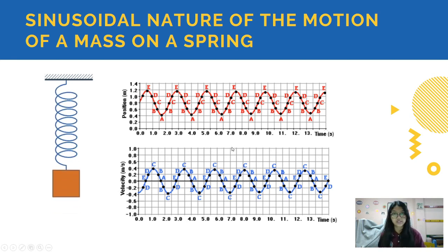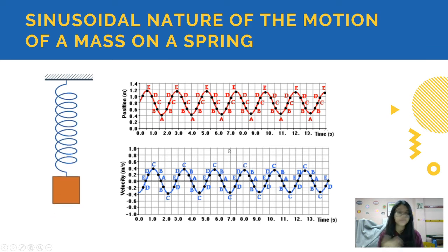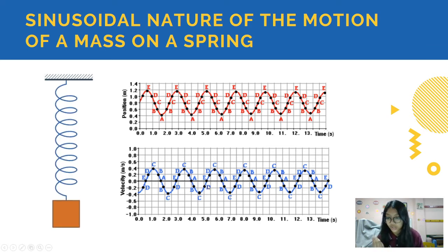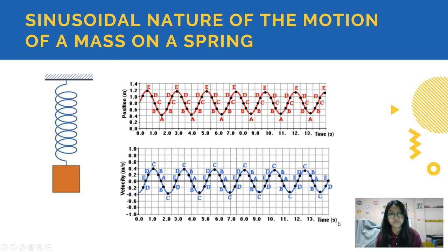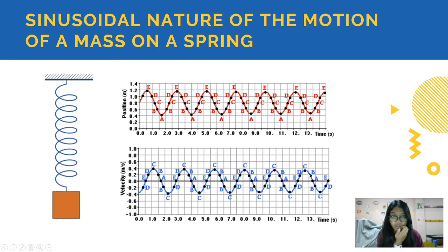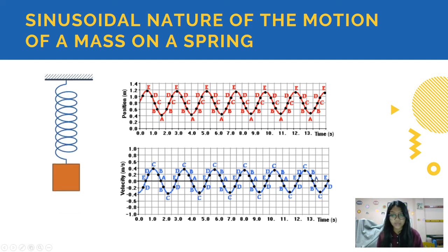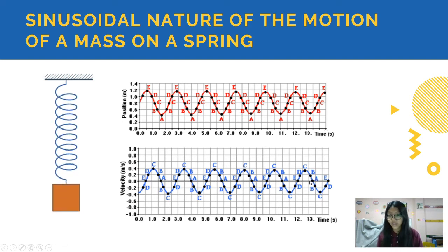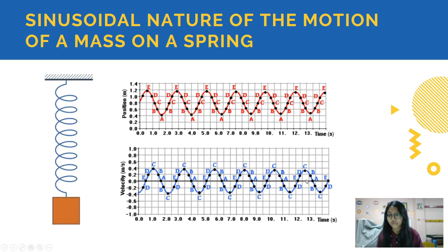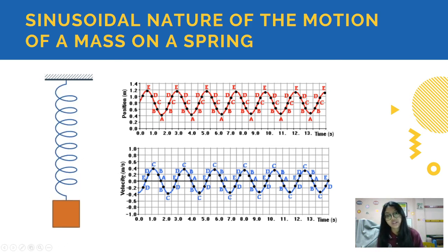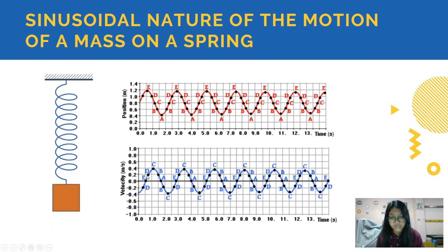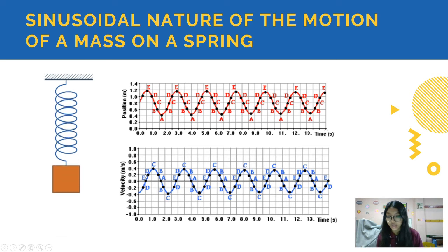When the velocity has a positive direction, it is plotted above the time axis. The speed is greatest when the displacement of the mass relative to its equilibrium position is the least, and the speed is least when the displacement of the mass relative to its equilibrium position is the greatest.